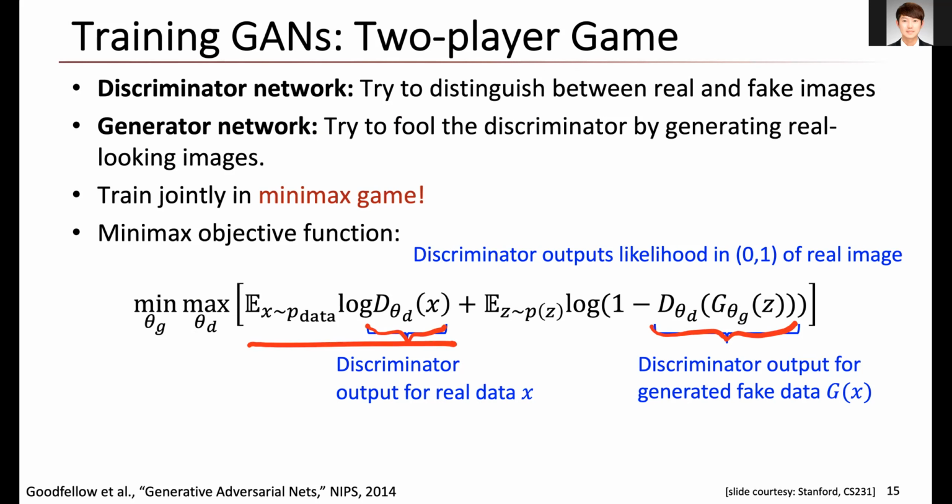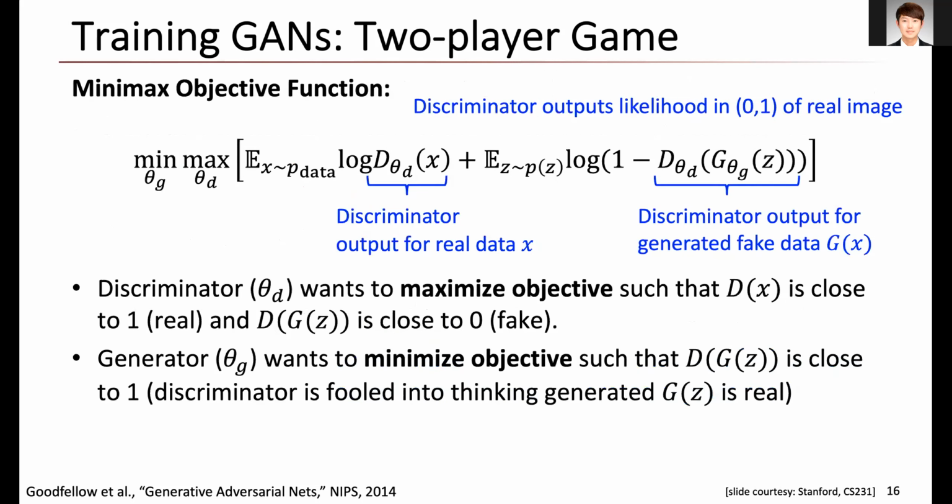So the discriminator with theta d wants to maximize the objective function such that D of x is close to 1 and D of G of z, the generated images, is close to 0.